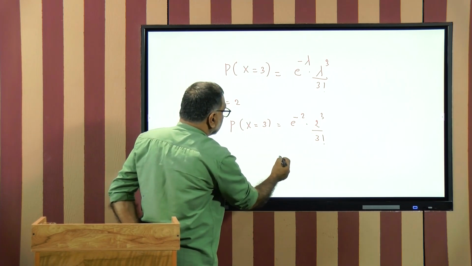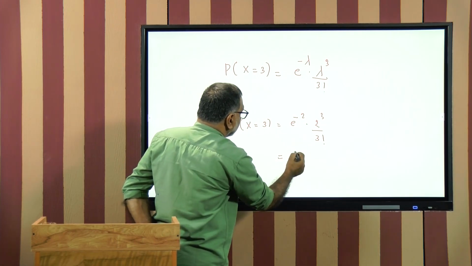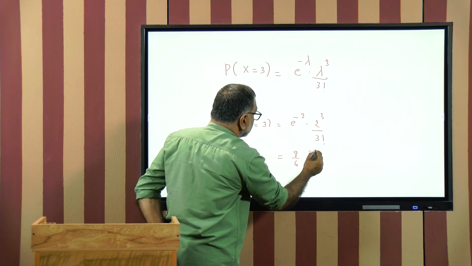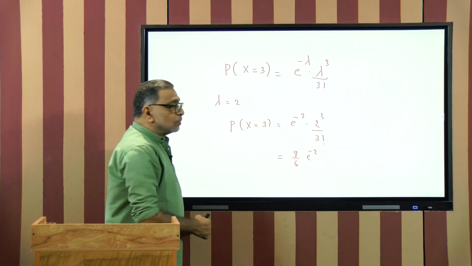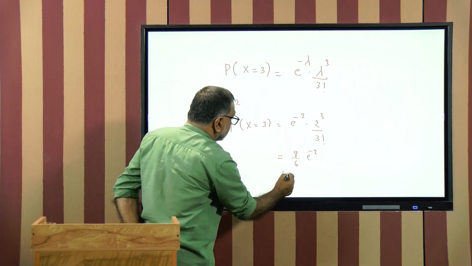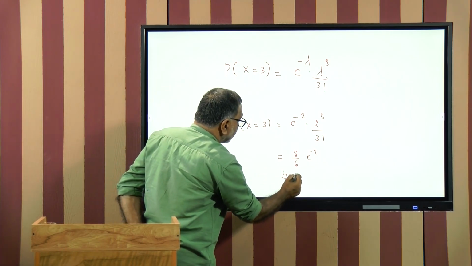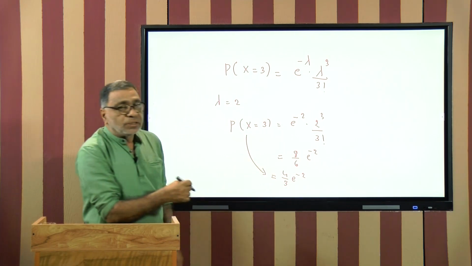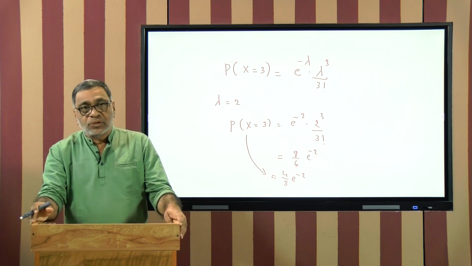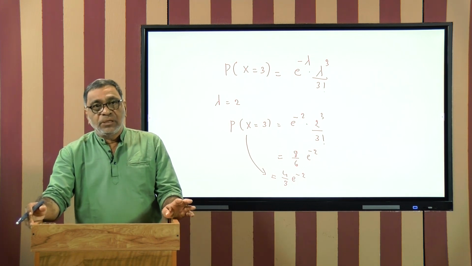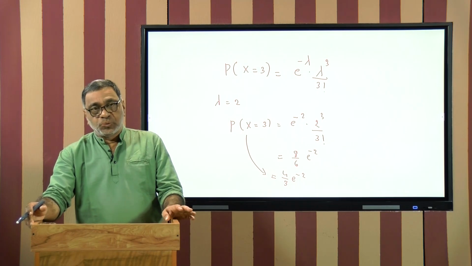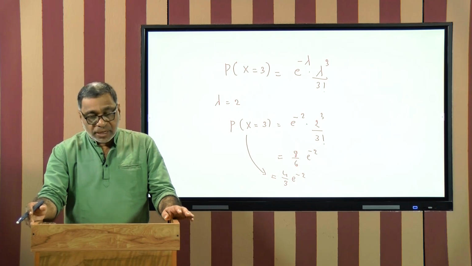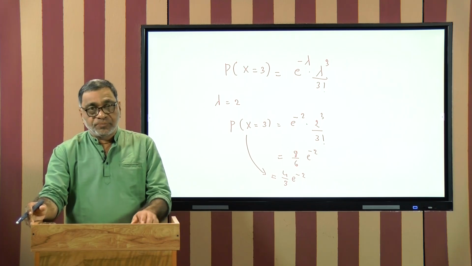That is 8 divided by 6 times e to the power minus 2, which means 4 by 3 e to the power minus 2, if the distribution has modes at x equal to 1 and x equal to 2.